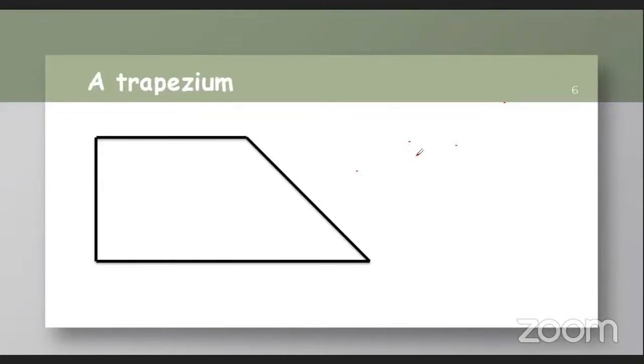Yes, teacher. Spell the word trapezium. T-R-A-P-E-Z-I-U-M. The word is trapezium. Trapezium. Say it.